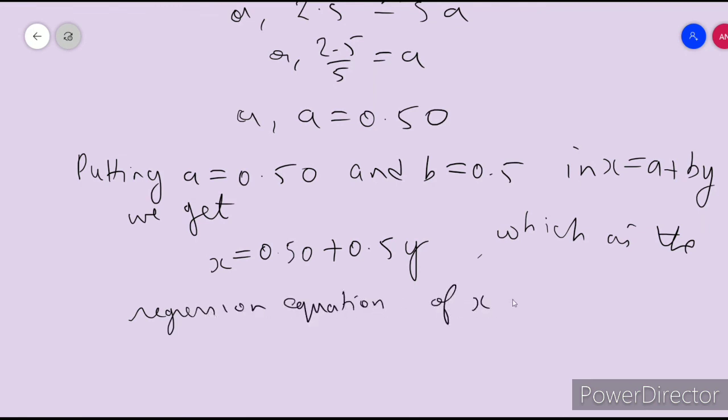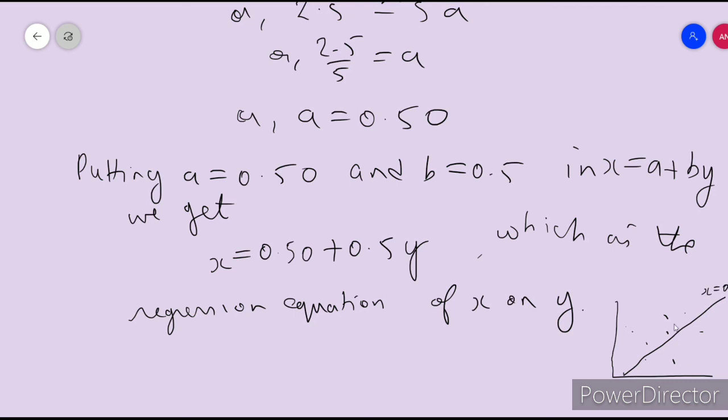of x on y. Which means if you are trying to fit a line through a scatter, and if you draw a line, let's say it looks something like this, this line will represent the equation x equal to 0.50 plus 0.5y.